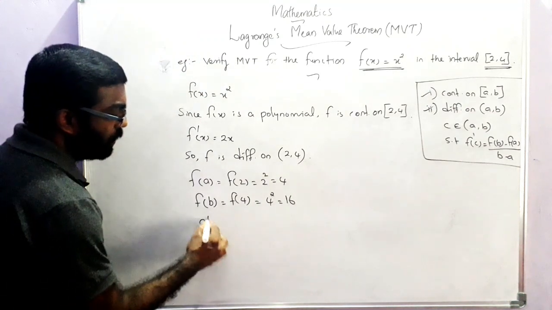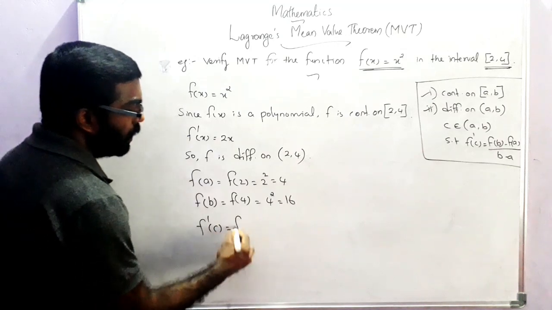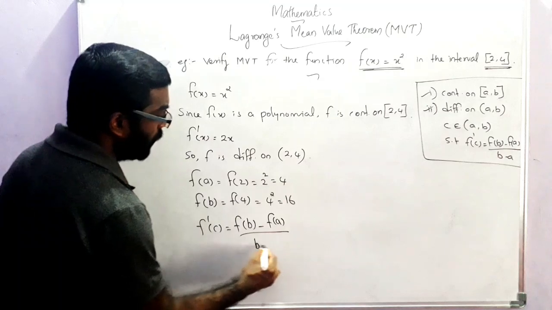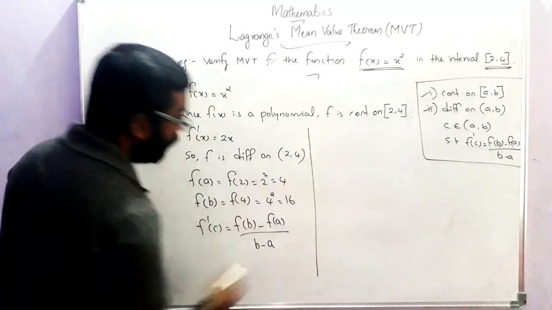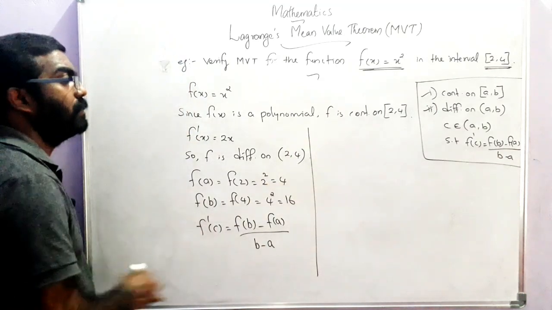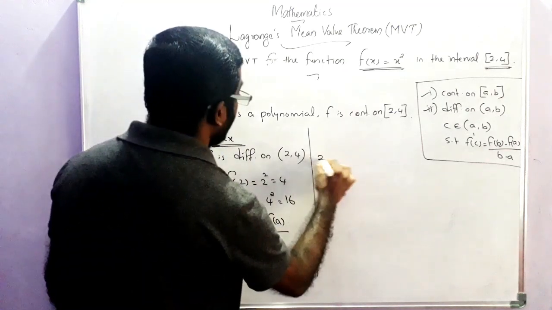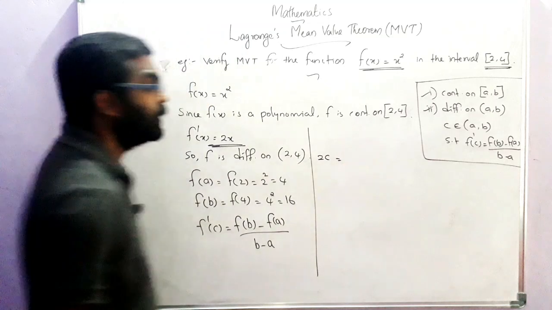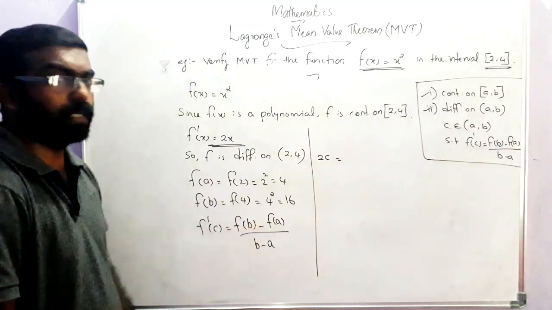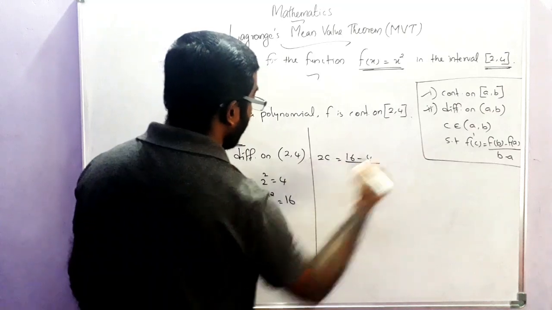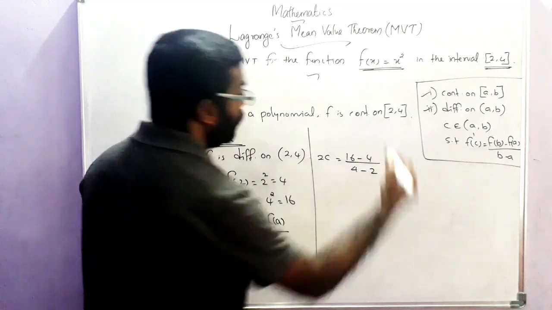Here f dash of c is equal to f(b) minus f(a) divided by b minus a. Now we can replace the values. f dash of x is 2x, so f dash of c will be 2c. So 2c is equal to f(b) minus f(a), that we already found: 16 minus 4 divided by b minus a, that is 4 minus 2.